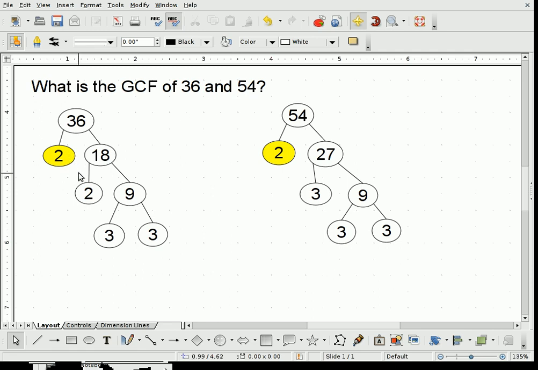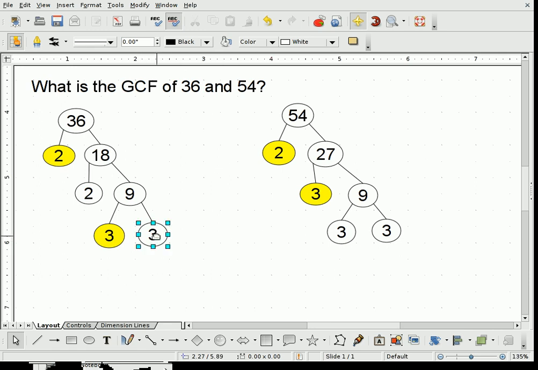So the next one that we can count is not this 2, because there's no 2 in 54 to match the 2 in 36. This 2 is already used, we cannot use it again. So the next one down is 3. There are plenty of 3's in 54, so we can pick any one of these to match up and change the color to yellow. Now we have only one 3 left in 36.